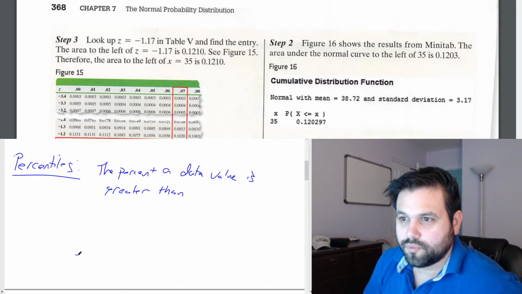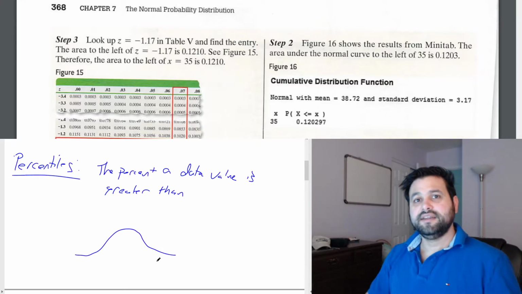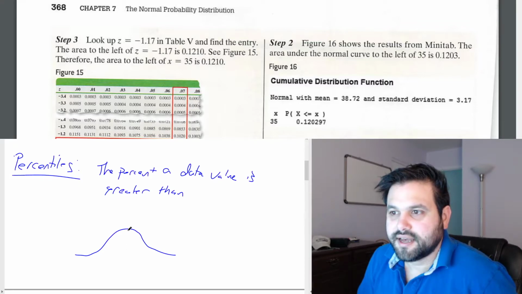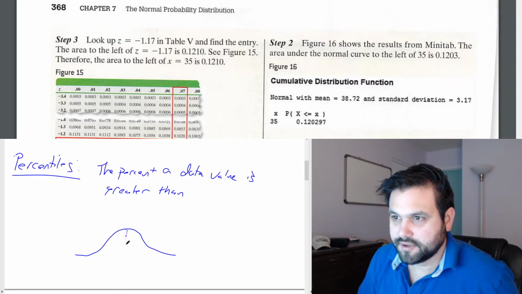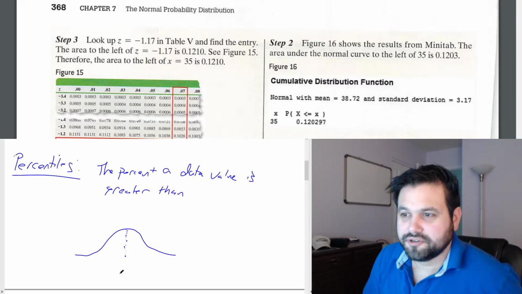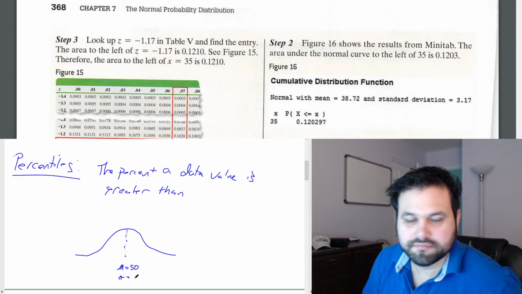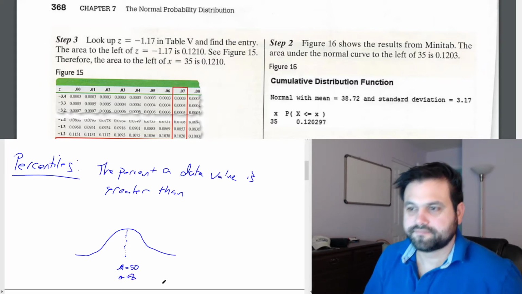Well, if we're finding probabilities, we're essentially finding percentages, right? Let's say I have a normal distribution with mu equals 50 and a standard deviation of 8. Okay?